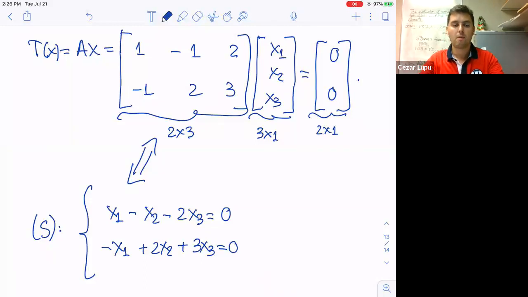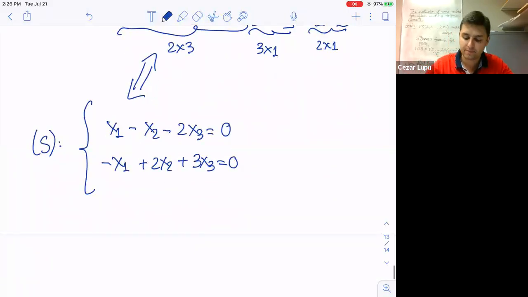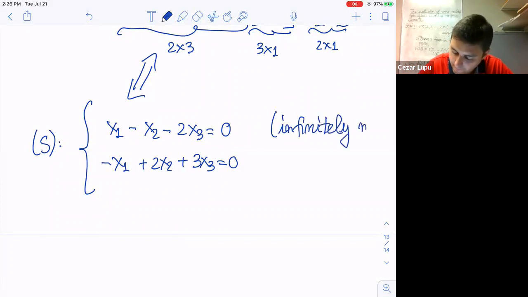Solution will depend on x3. Okay, be more specific. So it will have infinitely many solutions, right? So we'll be tempted to say that this will have infinitely many solutions.